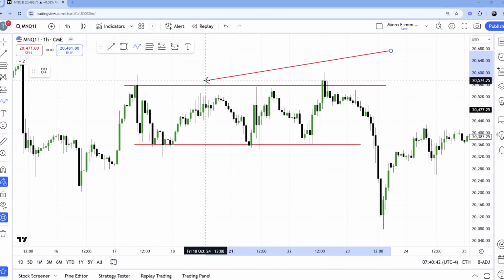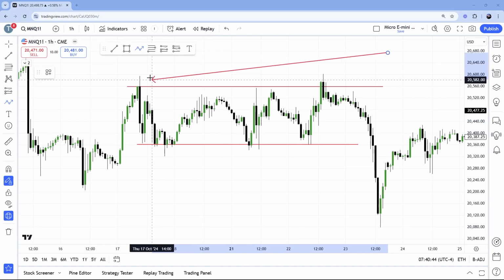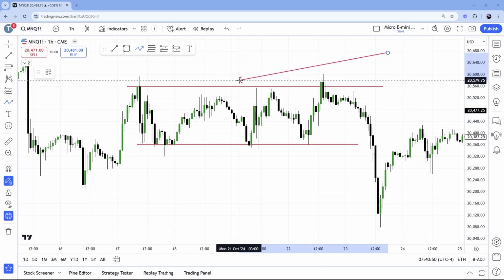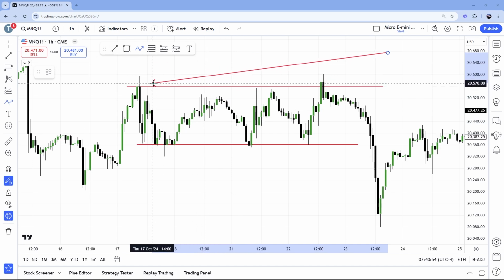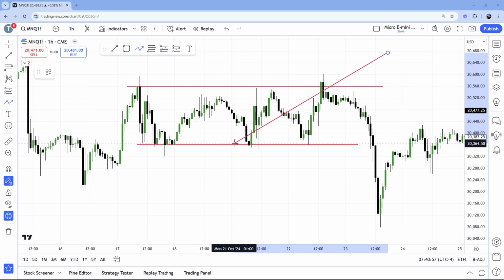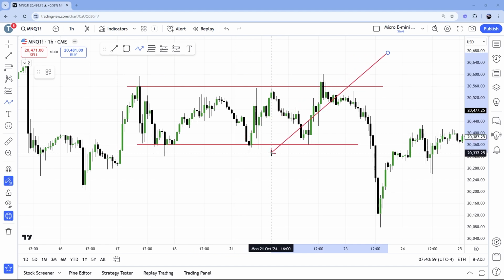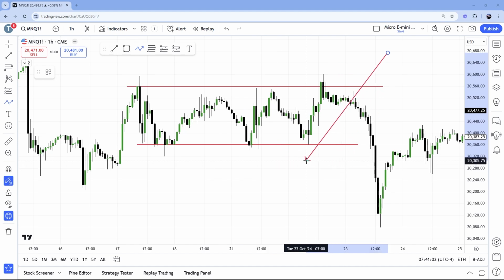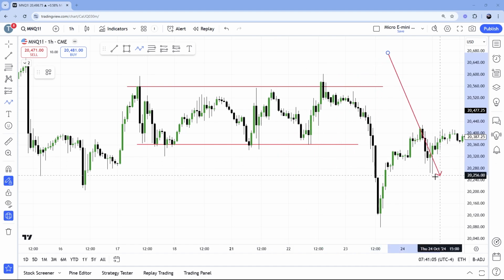However, because this is a 1 hour chart, these 1 hour support and resistance lines are not considered major support and resistance lines for taking major trade decisions, but these are minor SNR lines. And you will see in future lessons, we will show you how to use the minor lines as well within a trade. Okay, let's see what's next.